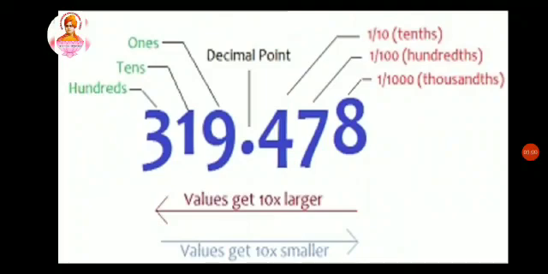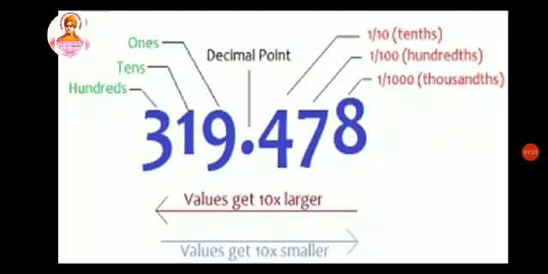Let's see the place value for decimal numbers. The decimal point is there. The right side of the decimal point is called the decimal part, and the left side is called the whole number. For the whole numbers, we mention the place value starting from the right side.